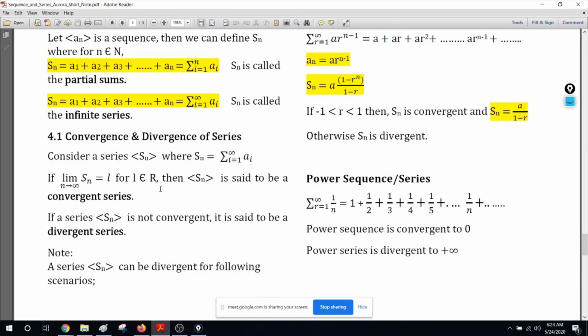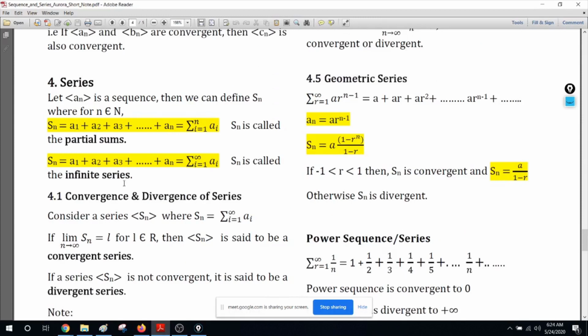Again, just like our concept of convergence and divergence for a sequence: if the infinite term is a finite value or tends to a finite value, we call it a convergent sequence, otherwise divergent. Similarly, if the summation of infinite terms is a finite value, or that summation reaches a limit of a finite value, we say that the series is convergent.